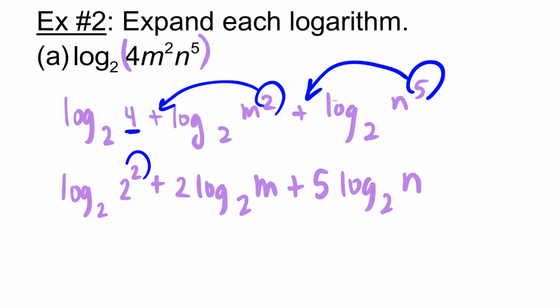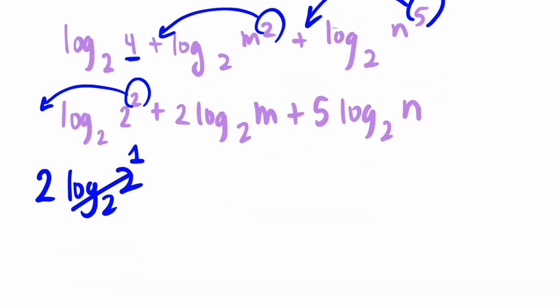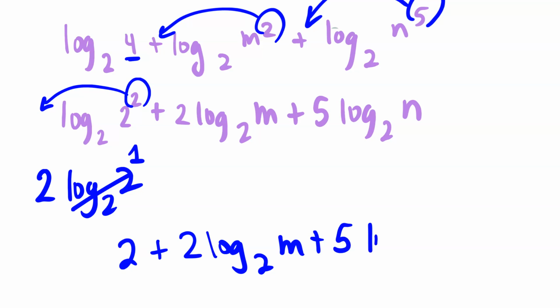Deal with this pesky one right here. Bring the 2 out front. 2 times log base 2 of 2. That's just 1. So our answer is going to be 2 plus 2 log base 2 of m plus 5 log base 2 of n.